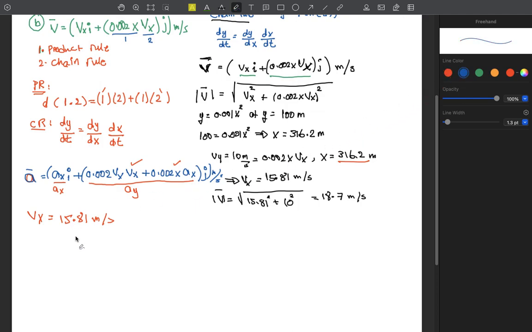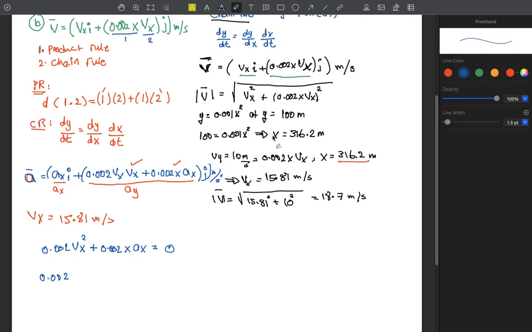So now we get that 0.002 Vx squared plus 0.002 x ax equals 0.